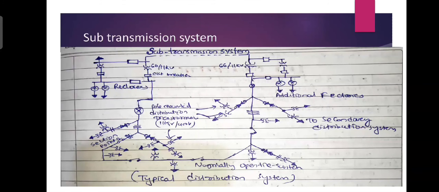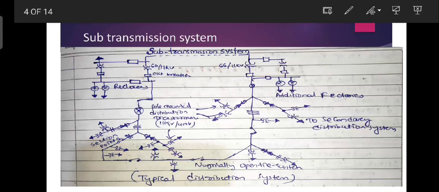Before going to the interconnection system, let's see the sub-transmission system. What is the sub-transmission system? Between transmission and load, there is a sub-transmission system. That sub-transmission system steps down 66 kV to 11 kV.